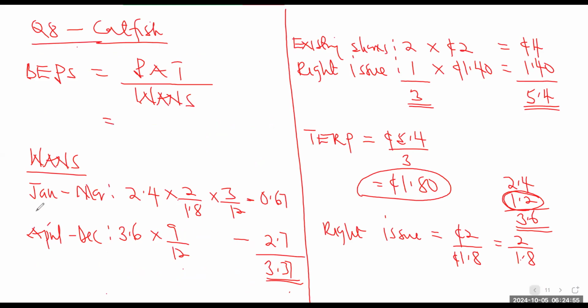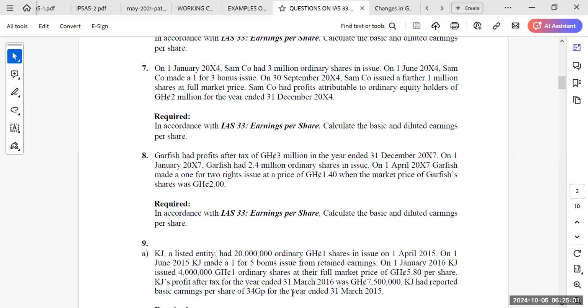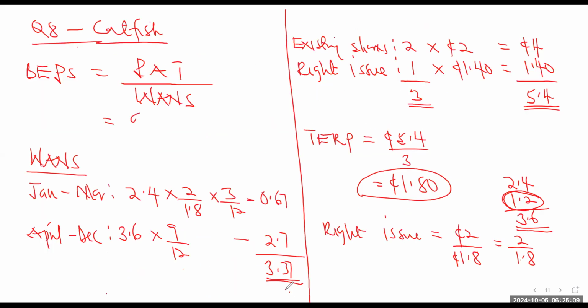Our earnings for that particular period is what? Earnings is 3 million, isn't it? Yes. Okay, earnings is 3 million. So we have 3 million divided by 3.37 million shares.